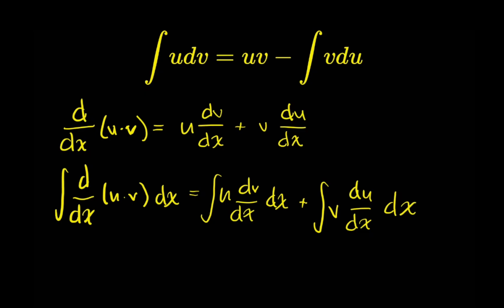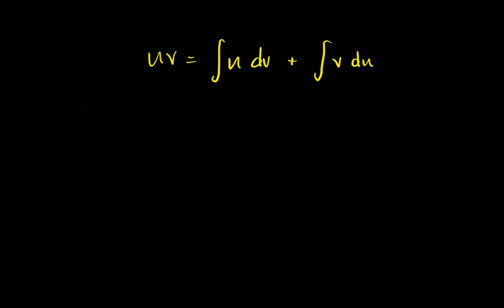The integral of a derivative cancels out. So the integral here and the derivative here cancel out, so we get u times v equals, and these dx's on the bottom and the top can cancel out as well. We get the integral of u dv plus the integral of v du.